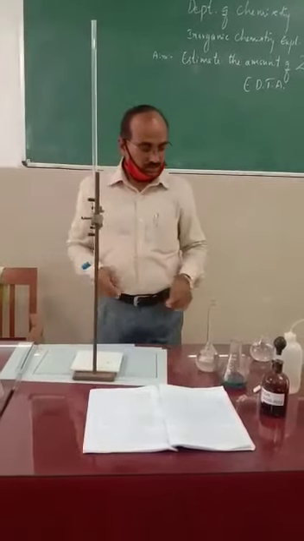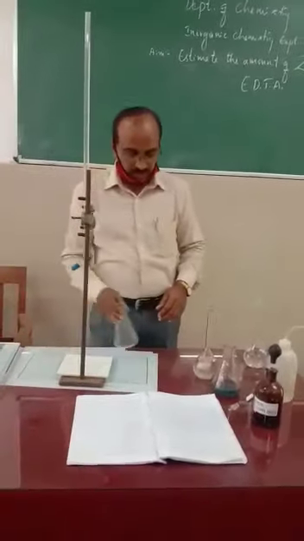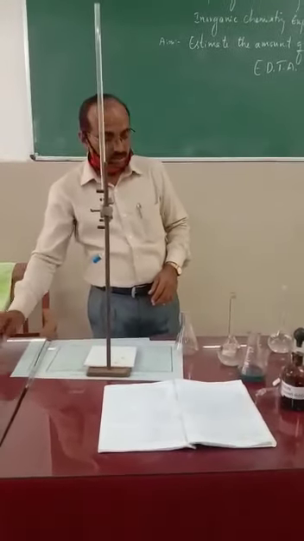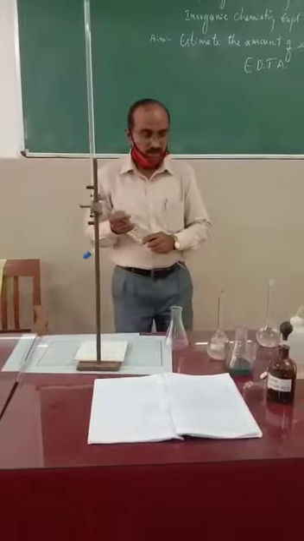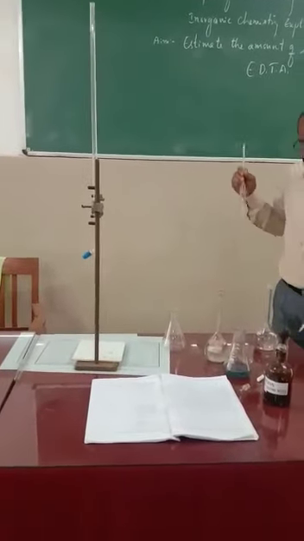We are filling the EDTA solution and pipetting out 25 cm cube of the unknown solution into the conical flask. So first we are washing the pipette.